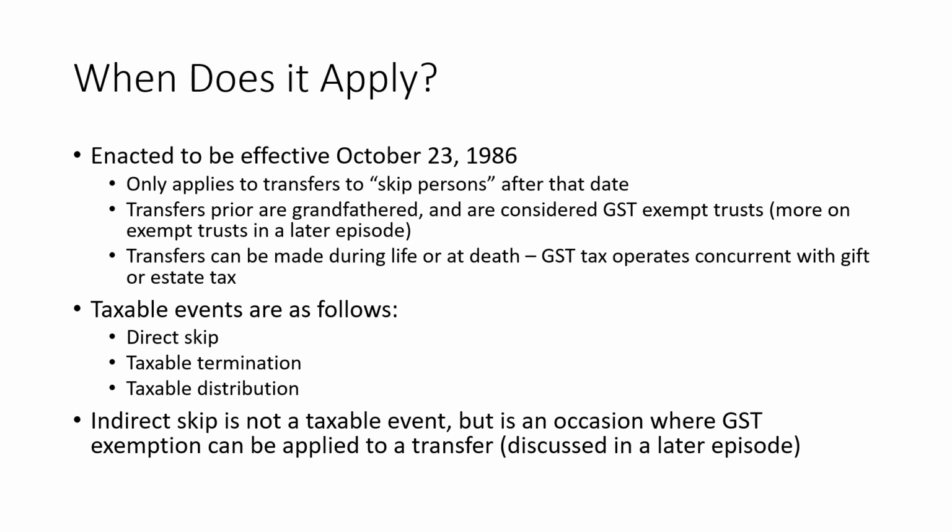So with any transfer, you can have either a gift tax for a lifetime transfer plus a GST tax, or you can have an estate tax for a transfer at death plus a GST tax.